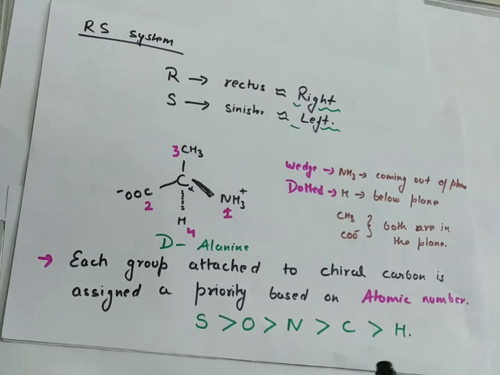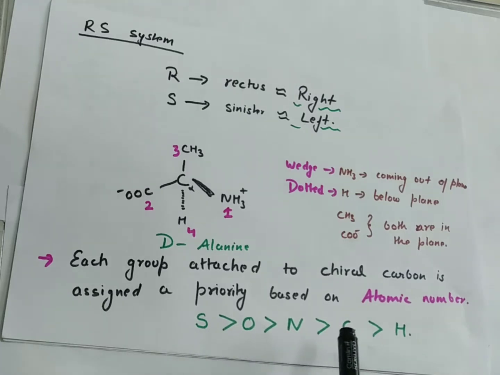These are the common atoms which we see in amino acids. Based on atomic number, sulfur is the highest and hydrogen has the lowest. After sulfur comes oxygen, then nitrogen, then carbon, and at last hydrogen. So we assign the priority according to atomic number.